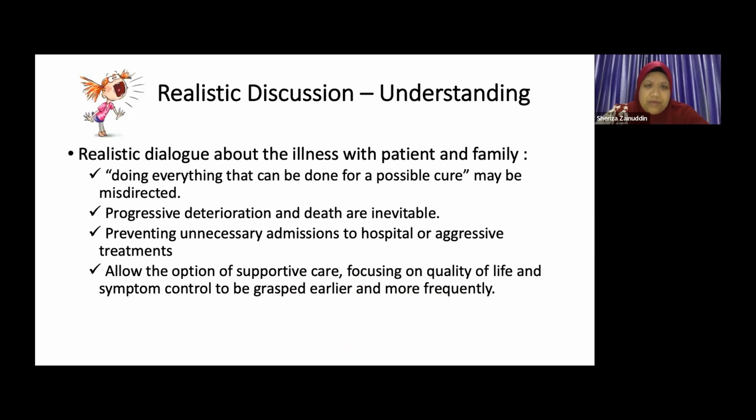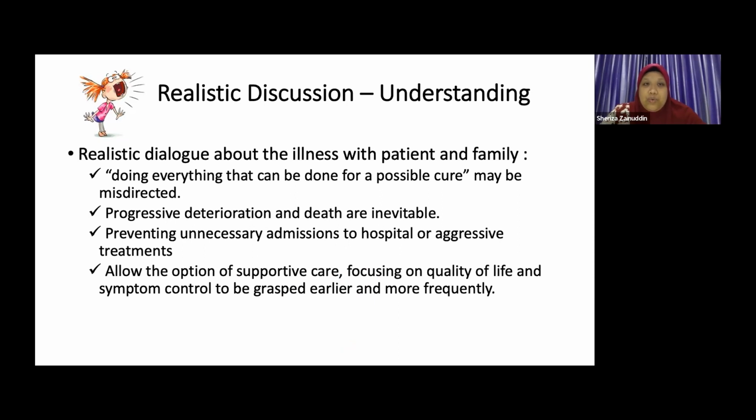So with that, we can have a realistic discussion with patient and family that sometimes doing everything that can be done for a possible cure for a patient may not be exactly accurate or correct. It may be misdirected. We acknowledge that patients will decline and death is unavoidable.